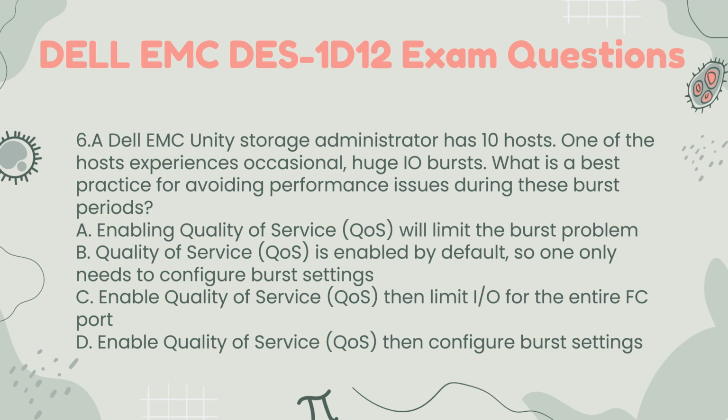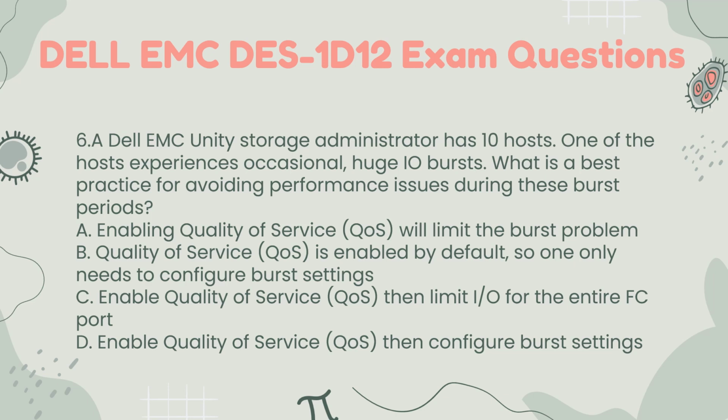6. A Dell EMC Unity Storage Administrator has 10 hosts. One of the hosts experiences occasional, huge I/O bursts. What is a best practice for avoiding performance issues during these burst periods? A. Enabling quality of service, QoS, will limit the burst problem.